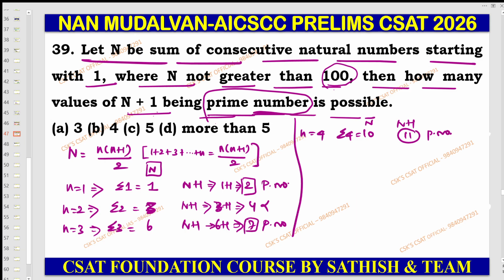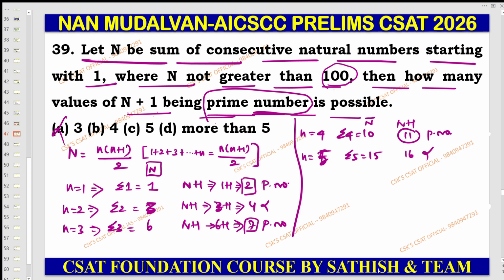Yes, 3 prime numbers are there. So eliminate that option because it's going to be more than 3. Focus on n is equal to 7. Just for knowledge purposes, let me write n is equal to 5, which means summation 5 is 15.